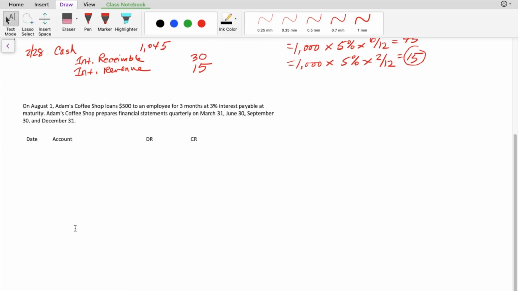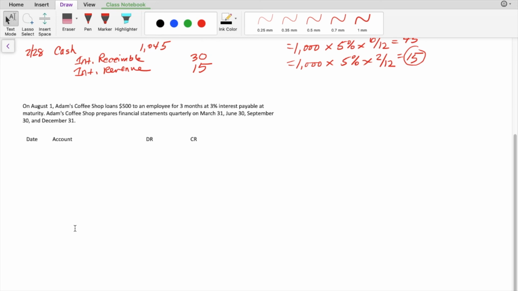So if I'm only going to record interest accruals quarterly, right, when I have to put statements together, then what entries am I going to have to record? Now, I could record those interest accruals monthly, and that would be perfectly fine as well, but I'm just doing it quarterly to reduce the amount of entries that we have to make.